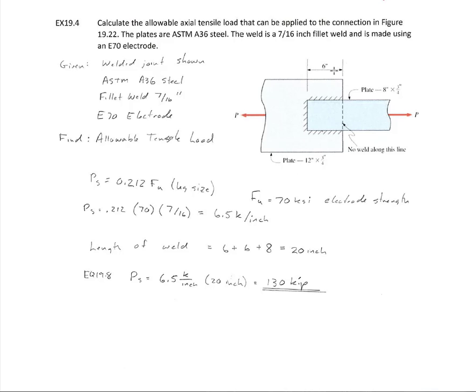Okay, so we have 6 inches of weld on one side, 6 inches of weld on the other side, and then 8 inches of weld along the back side, and that gives us 20 inches. So when we multiply 6.5 by 20, we get 130 kips. That's our allowable load.